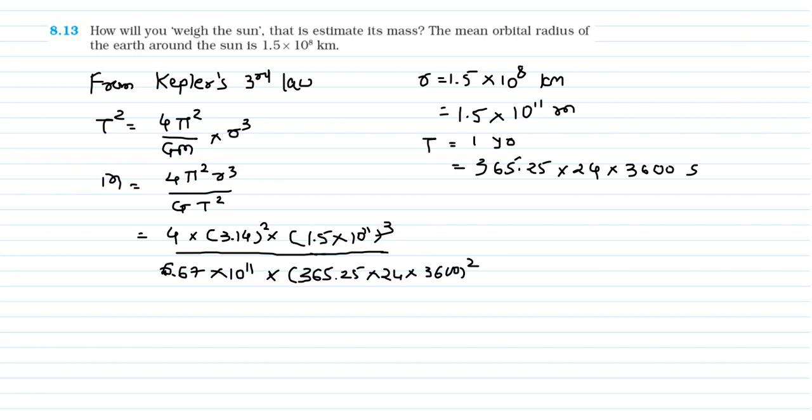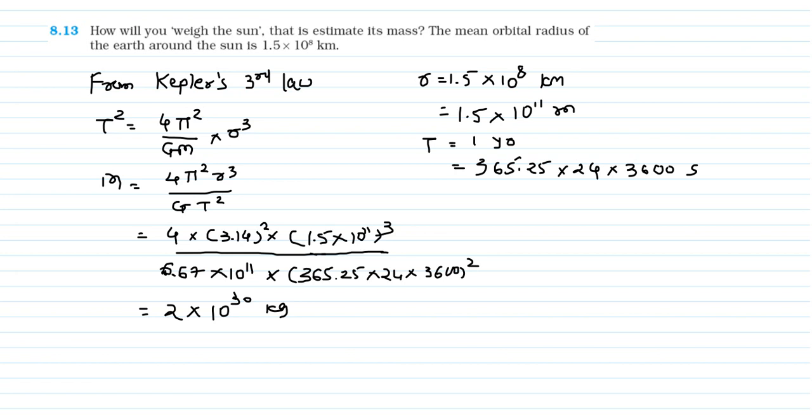So when you solve this, you have nearly the answer 2 into 10³⁰ kilogram. So by this way you can estimate the mass of the Sun.